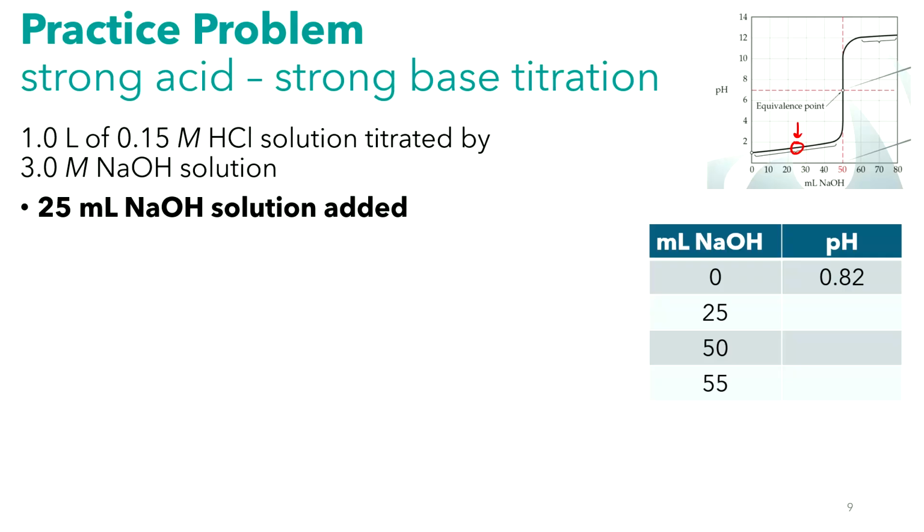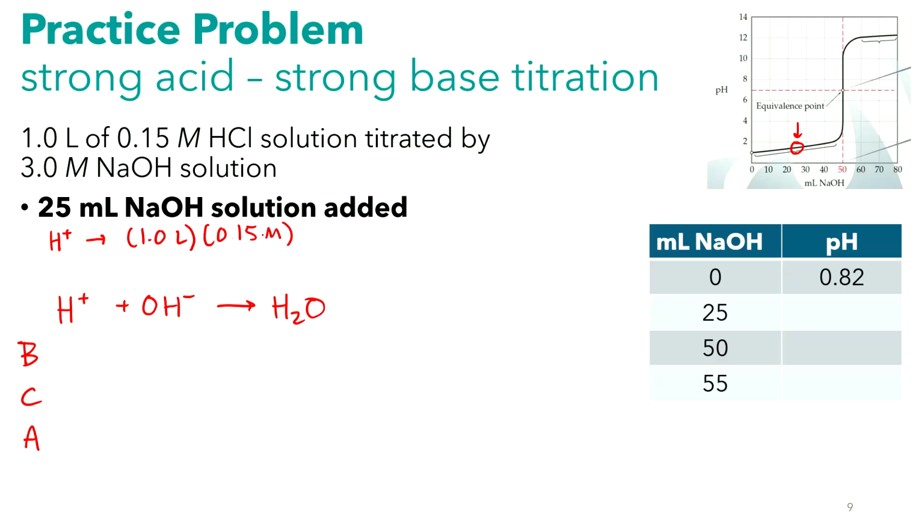So I need to do a BCA table. I need moles. I need to know how much H plus am I going to neutralize. Okay, so I'm thinking about H plus plus OH minus goes to H2O: before, change, after. So I have H plus. I've got 1 liter of 0.15 molar, so I have 0.15 moles of H plus.